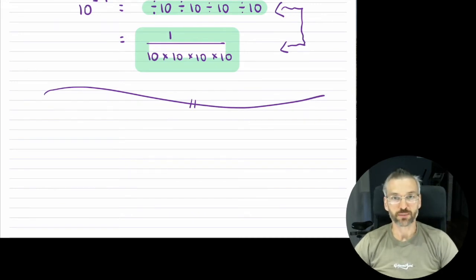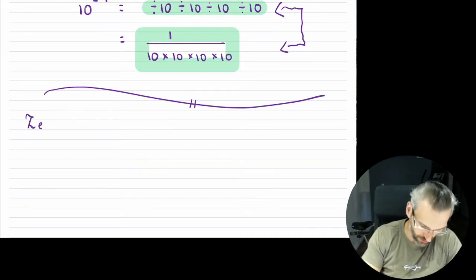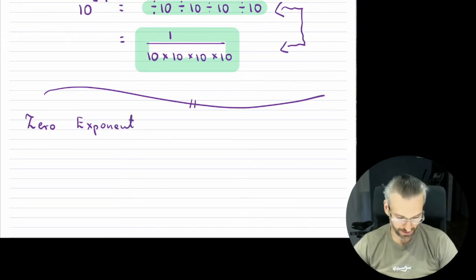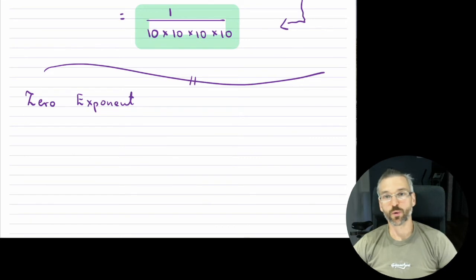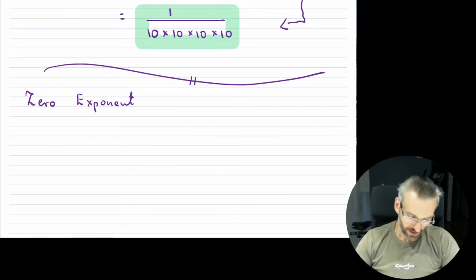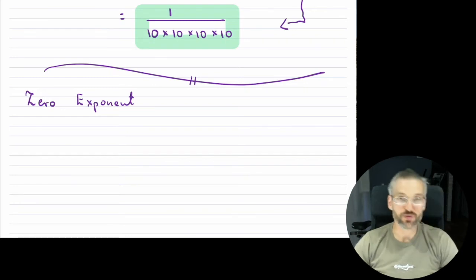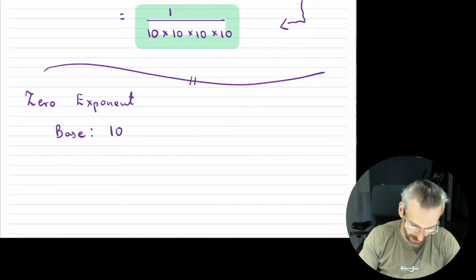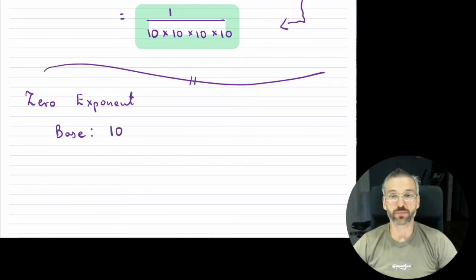So before I introduce this concept of a 0 exponent, I will make you think about it. Let's say we're going to use the base 10. Now, the base could be anything. It could be 2, it could be 3, it could be 3.5 or something like that.